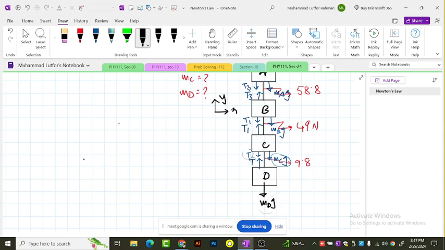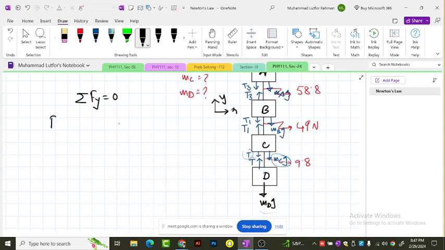Let's say it is stationary. It's not moving along the vertical direction. It's not moving along the X direction either. It is stationary right now. Then I can say the net force along the Y axis is 0 for this system. Net force along the X axis will also be 0 for this system because it's not moving at all.